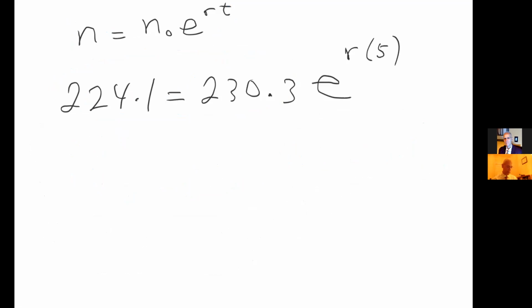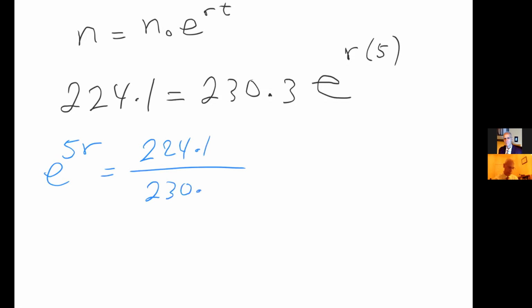So let's divide both sides of this equation by the coefficient of e to the 5r. And I get e to the 5r equals 224.1 divided by 230.3.